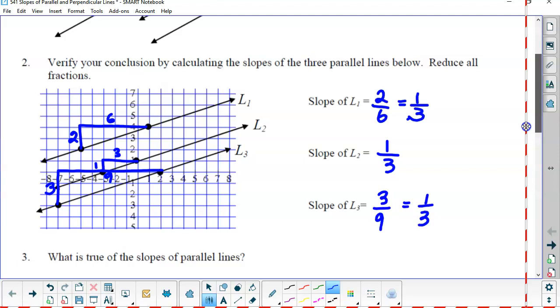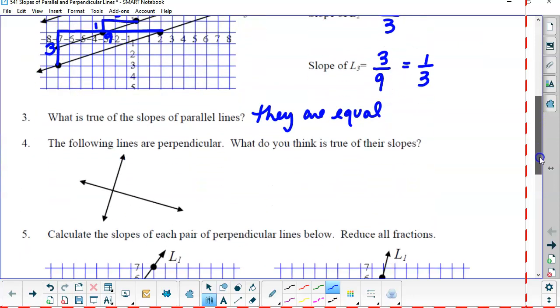Okay, so all of these slopes reduce to the same value. That's pretty easy. So if I tell you the slope of a line and ask you to find the slope of a different line that is parallel, you don't have to do any calculations. You just tell me that original slope.